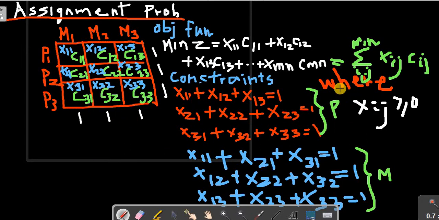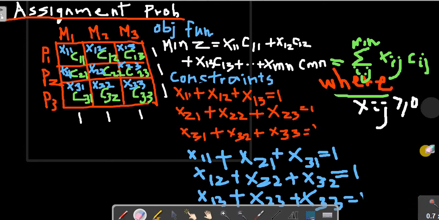Also, one more condition is there, which is called the feasible condition. The feasible condition is that the value of Xij must always be greater than or equal to 0. That is very, very important.